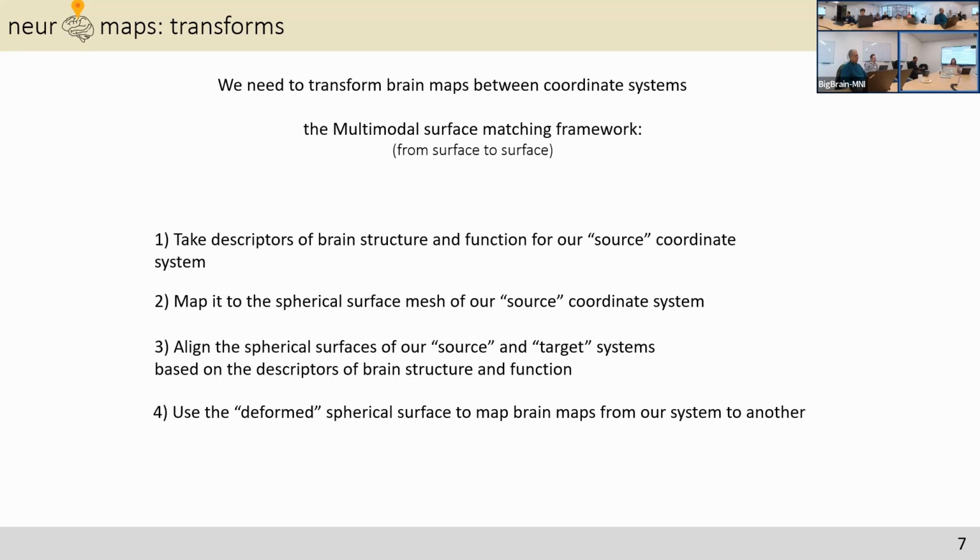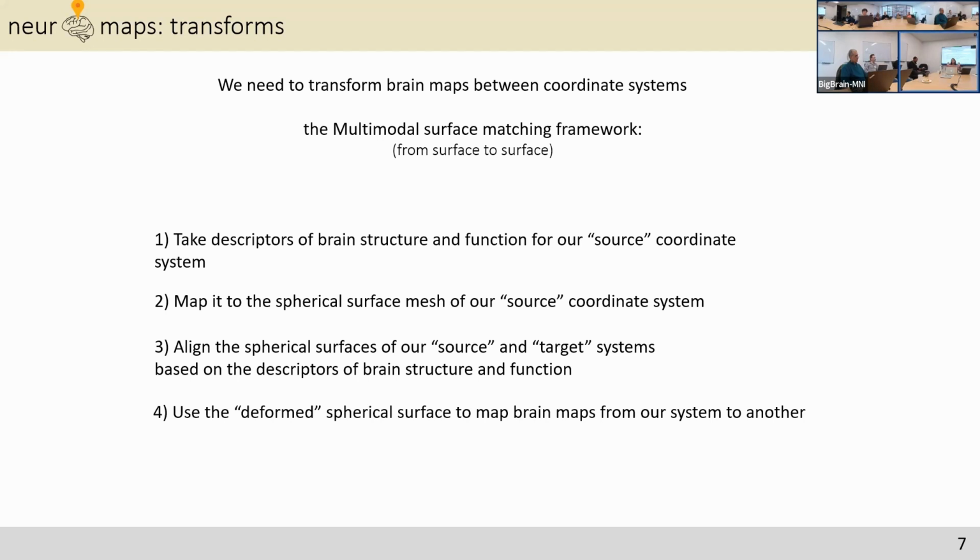So the idea here is that to do multimodal surface matching, you take some descriptor of brain structure and function from both the source and the target coordinate system. The main example is so-called sulcal depth, for example. And the idea is you map both of these surface meshes to their spherical representation.